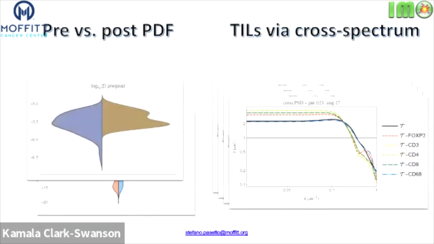So another follow-up work that I'm going to do is exactly on the cross spectrum, to try to understand and quantify the reason why there are tumor-infiltrating lymphocytes in this analysis.